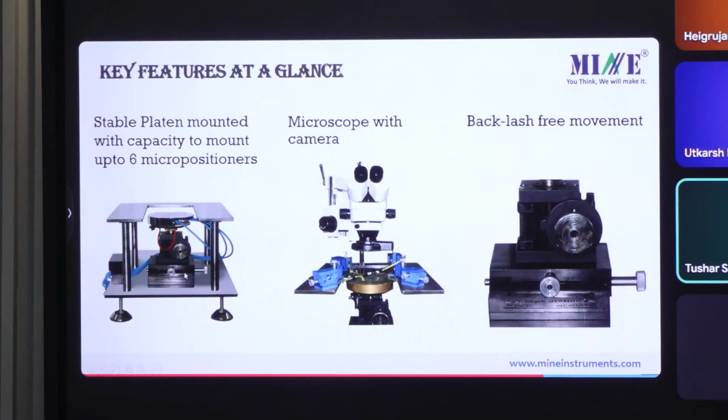From 100 micrometers to 10 micrometers, we can provide different types of cases where you can get a resolution in the x and y direction of 10 micrometers. You can also get theta, which means you can change the angle of the chuck according to your needs. We can go up to 360 degrees with 0.5 degree or 0.1 degree resolution as per needs. Here you can see the vacuum piping, and individual switches are provided at the side of the base.